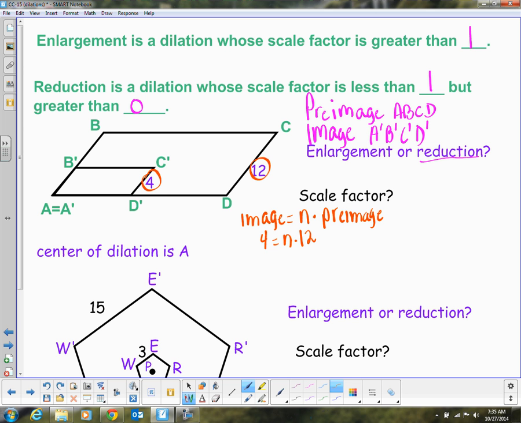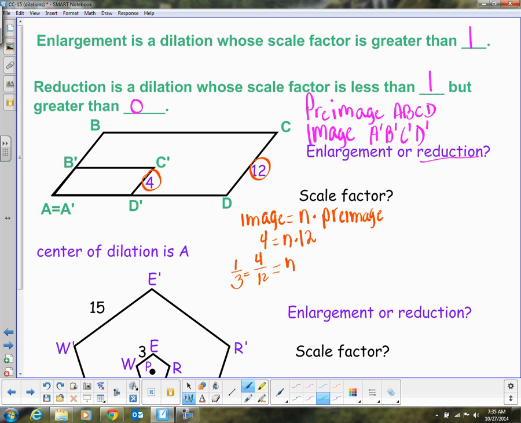How do I solve for n? Travis, how do I get n by itself? Are they connected? So how do you undo that? Okay, what's 4 divided by 12? 1/3. So this was a reduction by a scale factor of 1/3.